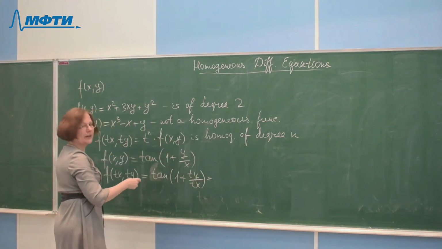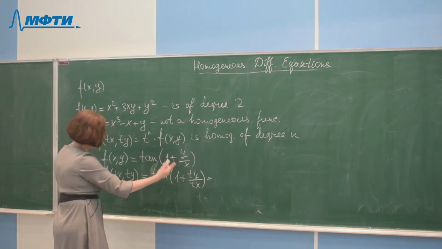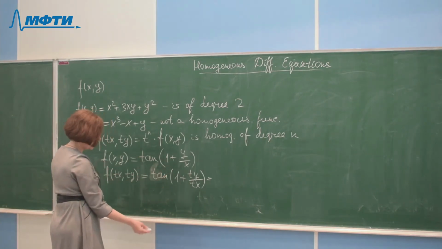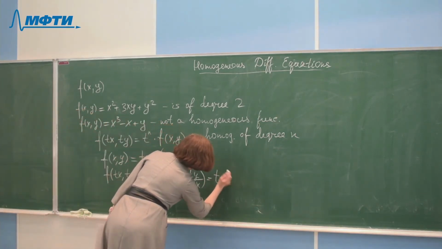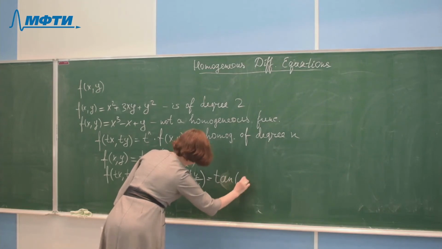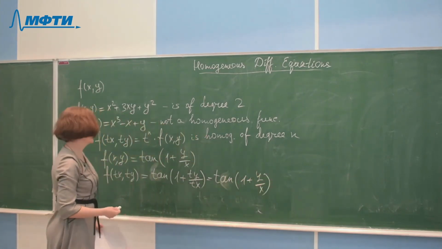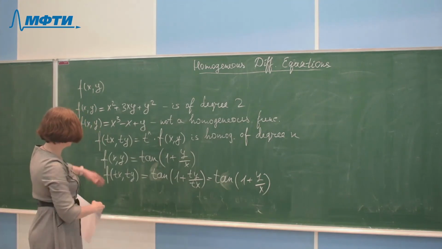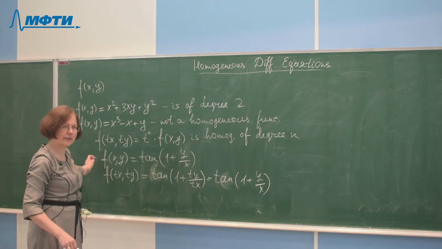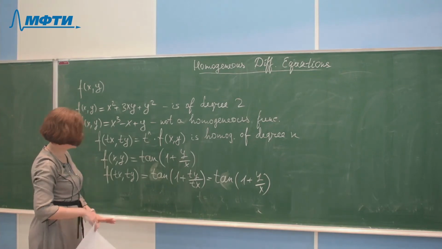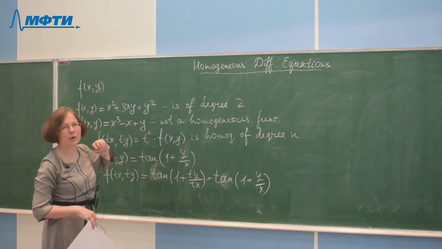What is it? We can cancel the common factor t, and we will get 1 plus y over x. We get the same function. So this function is homogeneous of degree 0, so t is raised to the power 0.